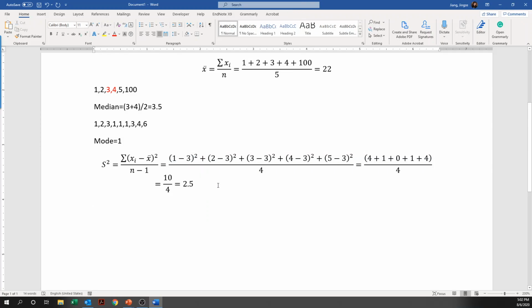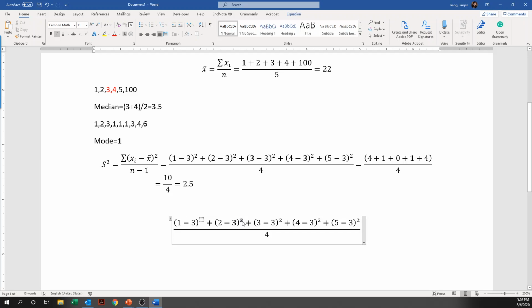So you will end up with 1 minus 3, no square, 2 minus 3, no square, and so on, no square for each term.